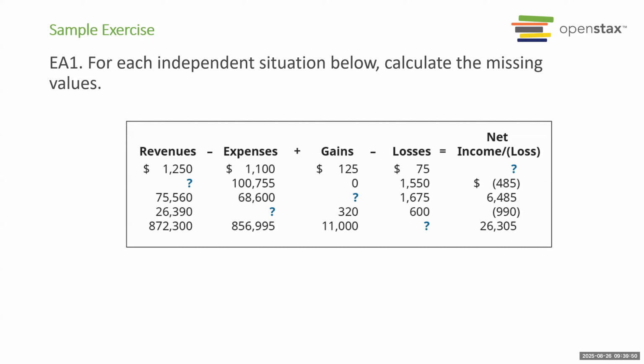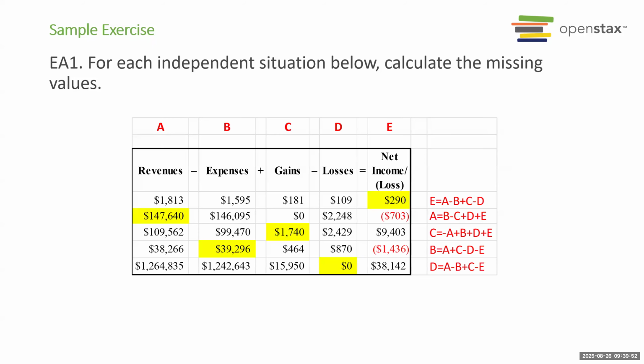So for example, if we have revenues of $1,813 and expenses of $1,595 and gains of $181 and losses of $109, well, our net income is $290. And you'll see the formulas to the right.